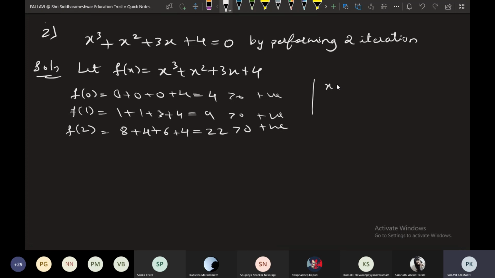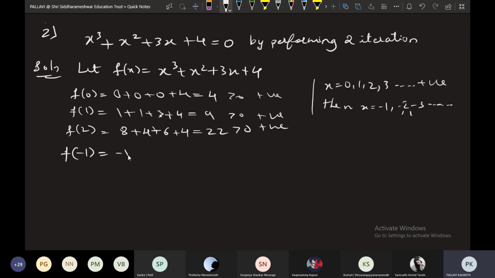We take the x values 0, 1, 2, 3 and so on. If you get all positive values, try x as minus 1, minus 2, minus 3. So find f of minus 1.